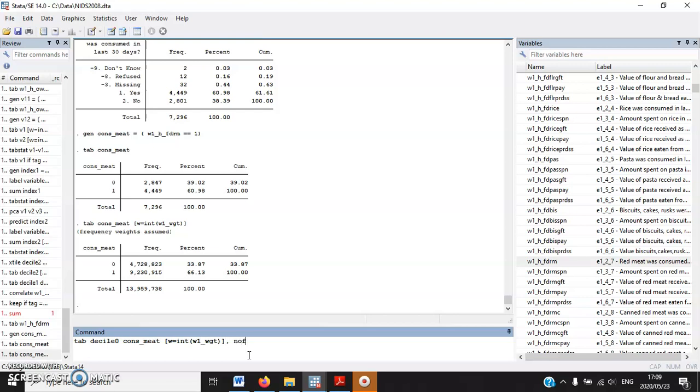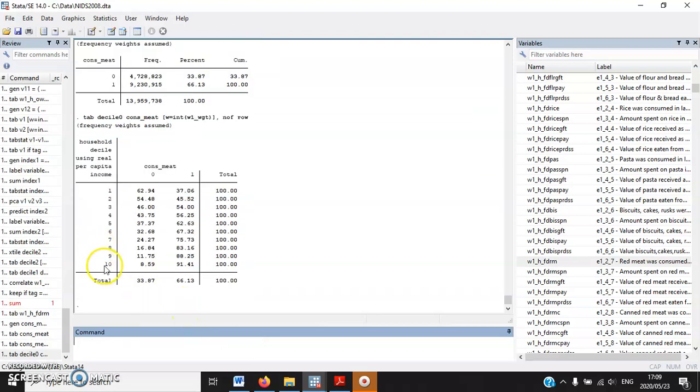I think this proportion would be high for the richer deciles who could afford purchasing and consuming red meat. Okay, the richest household decile, more than 90% consume red meat in the last month or last 30 days. But for the poorest decile, only slightly above 1/3 they consume red meat in the last 30 days.